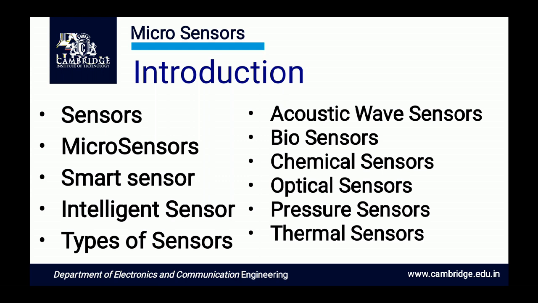Making the sensor smaller often improves its performance and may introduce many other advantages. So, you can say a microsensor is a sensor of size micrometer to millimeter that reaches a significantly higher speed and sensitivity compared to macroscopic apertures.